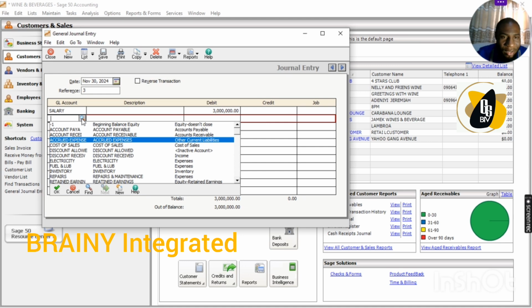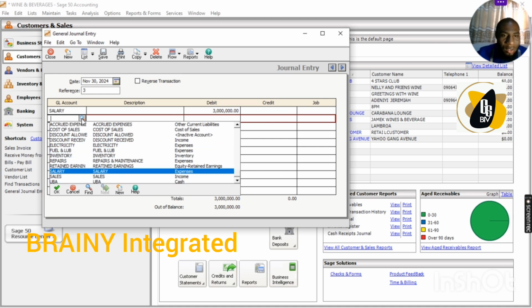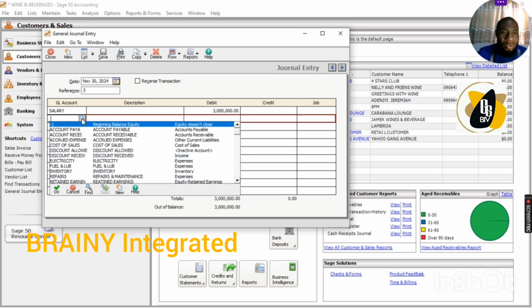Let's see if we have anything of such. Salary control account. Okay, there is no salary control account. So there are two things to be done.